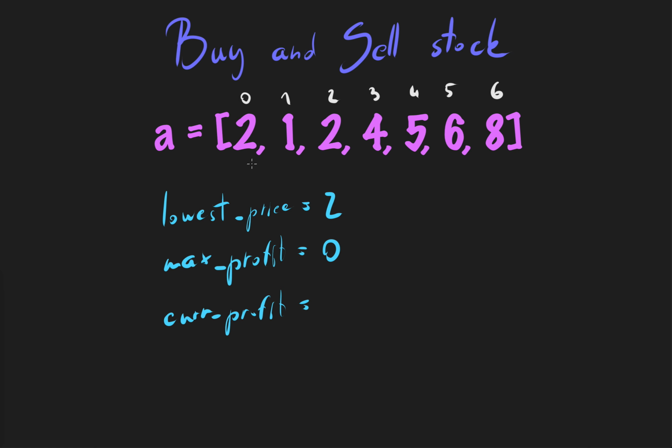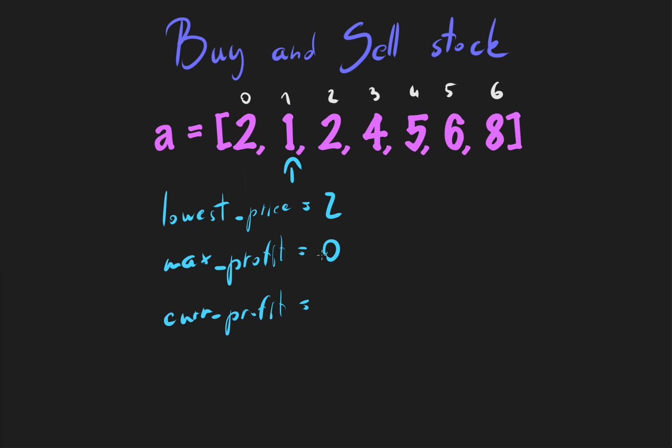Cool. We start at the beginning of the array, and we have the price 2. So current price, which is 2, minus lowest price 2, profit is 0, so we don't need to do anything. For the next day, we have a stock price of $1. So 1 minus 2 is minus 1.